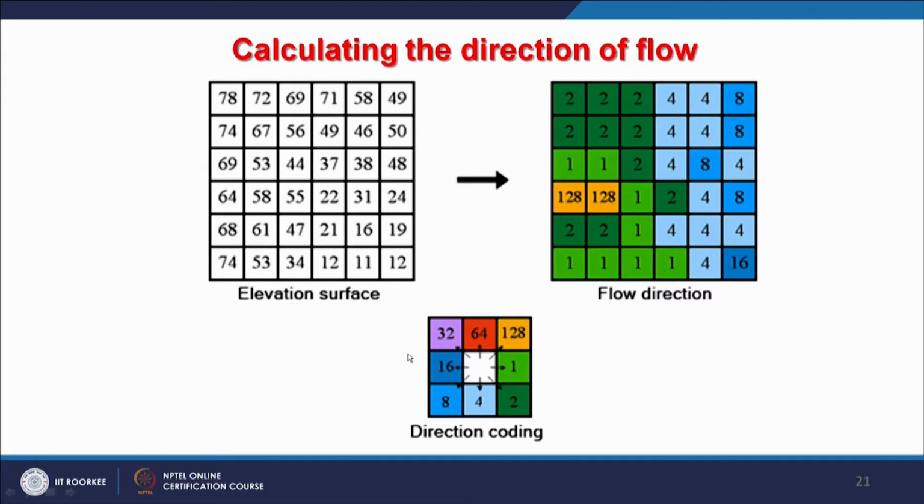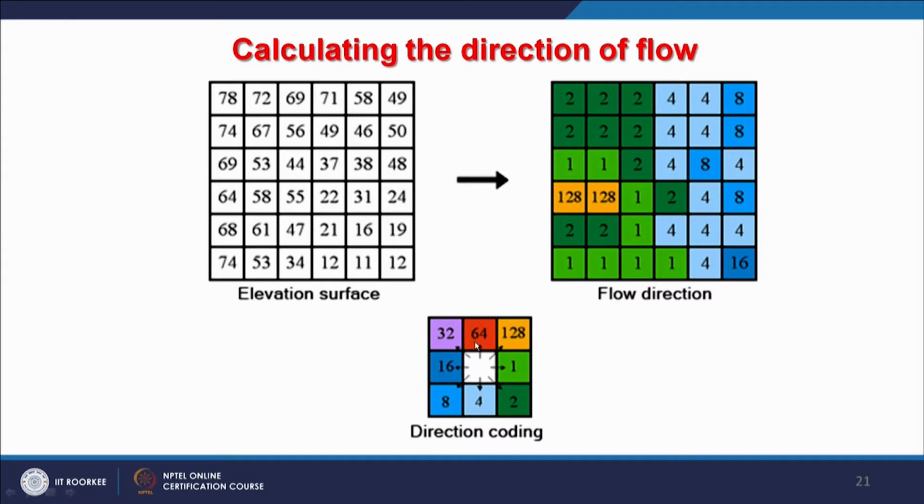Generally this is the scheme for coding, so these are not elevation values, these are the codes of flow direction. When a cell is allowing water to flow towards the east, then code 1 is given. When it is going in the southeast direction, then code 2.